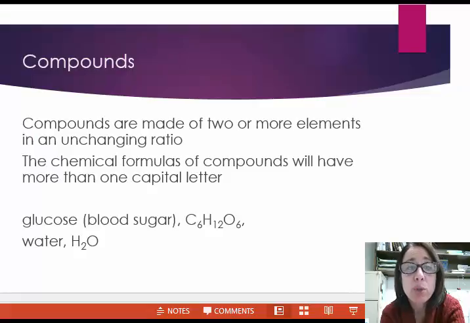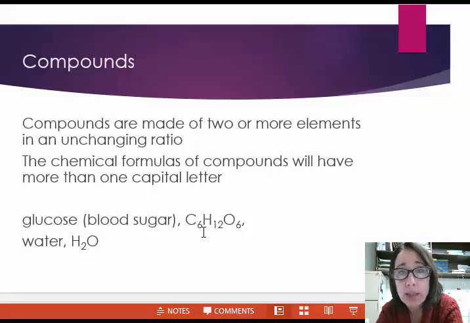Compounds are made of two or more elements bonded together in an unchanging ratio. The chemical formulas of compounds will always have more than one capital letter. For example, glucose, otherwise known as blood sugar, has a formula of capital C, subscript 6, capital H, subscript 12, capital O, subscript 6.